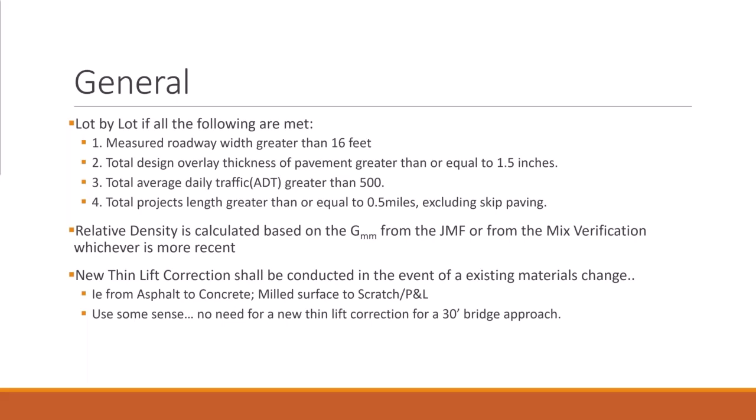But with that said, obviously there's some engineering judgment involved. If you're doing a 30-foot bridge approach in the middle of a project, that's kind of pointless to run a new thin lift correction, even though you may be going to a new surface, but it's 30 feet, so a little bit of engineering judgment.